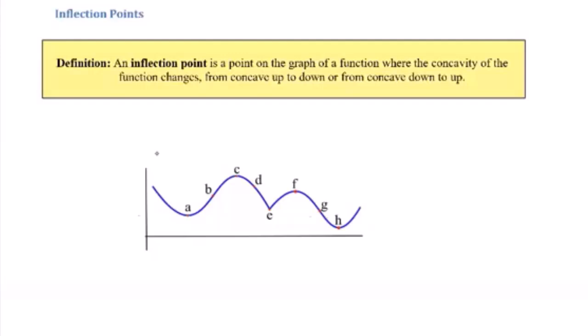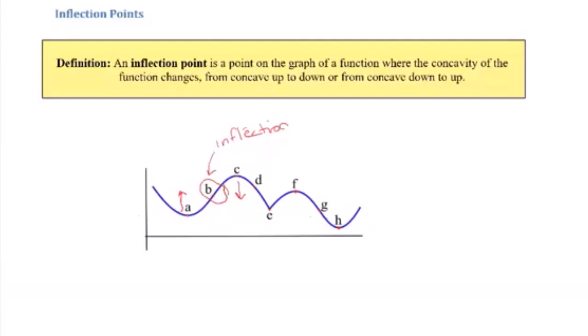Here we can see at A, it's concave up. And at C, it's concave down. So I'm going to say at B, this is an inflection point. Right somewhere around there, it's changing its concavity from concave up to concave down.